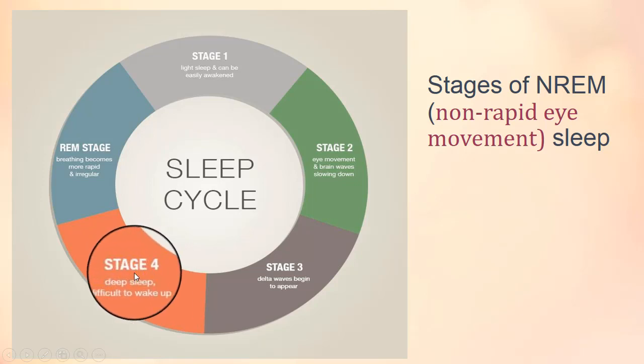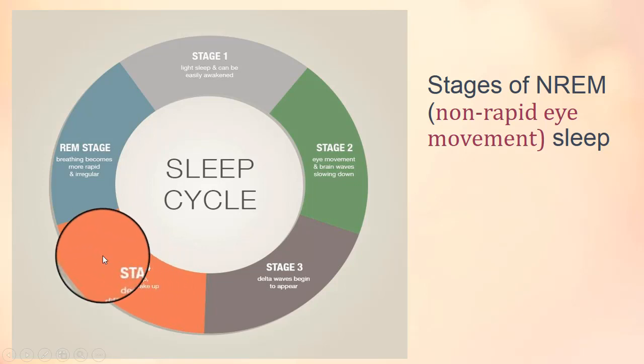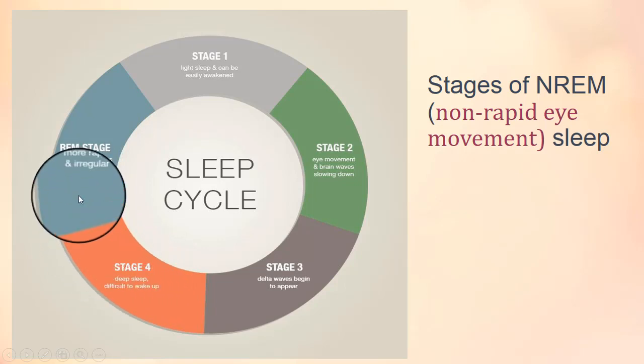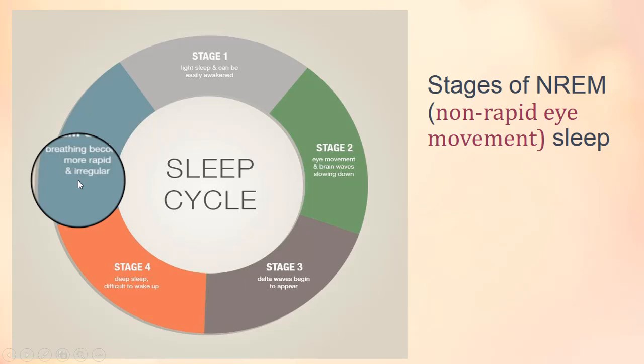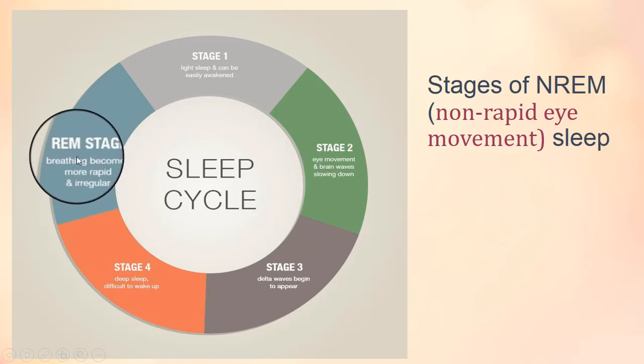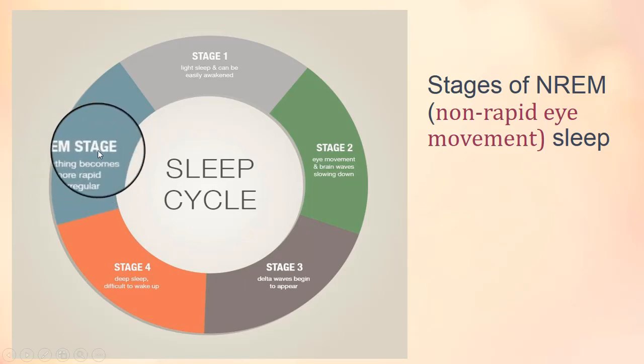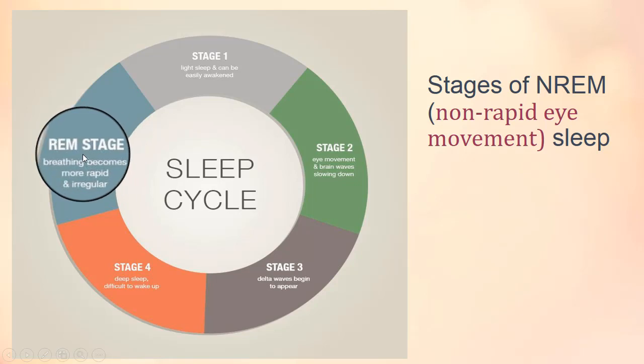And approximately 90 minutes after first feeling sleepy, the fifth stage of the sleep cycle is introduced, that is the REM stage, rapid eye movement. Now what happens in the fifth stage of the sleep cycle?